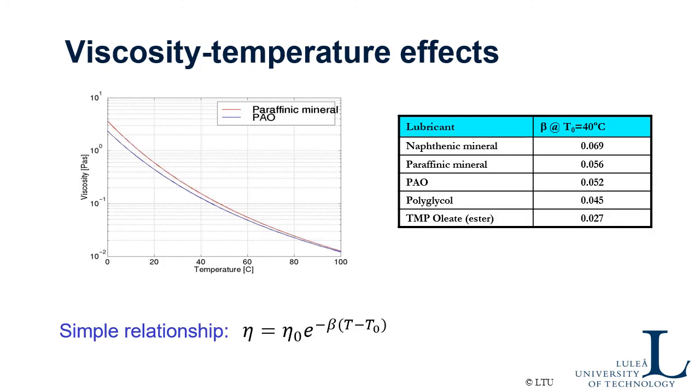Those you can get from the supplier of the lubricant. Of course, you can ask for a graph of the viscosity versus temperature. But typical numbers for the beta at 40 degrees I've given here. You see that the mineral oils have much bigger numbers than the esters, which have a relatively low number.